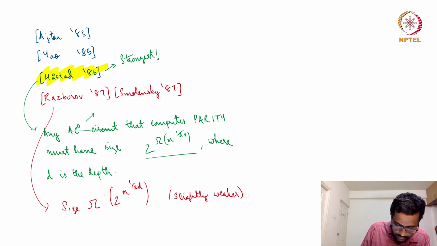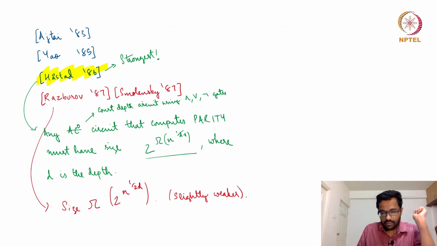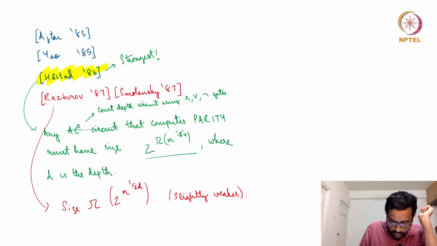AC0, instead of that I should say any constant depth circuit using AND or and NOT gates that computes parity must have size at least this. So this is obviously not polynomial.